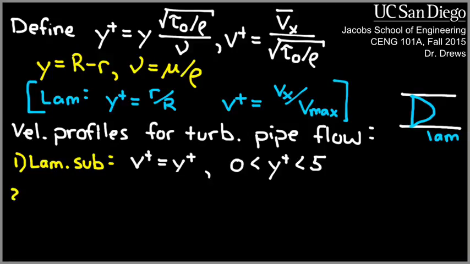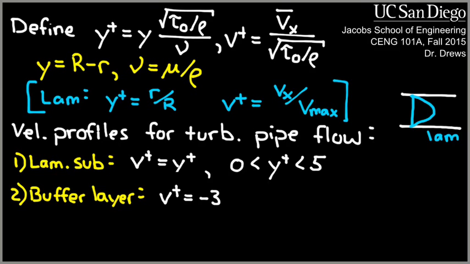So the intermediate regime is called the buffer layer. And in the buffer layer, the relationship between your position and your velocity is a little more complex. Here, V plus has been experimentally determined to be equal to minus 3.05 plus 5 times the natural log of Y plus.